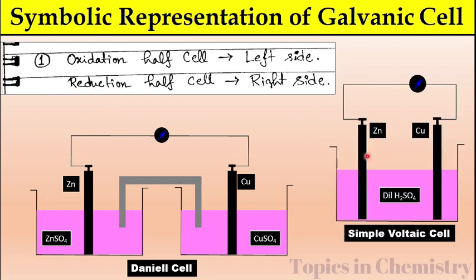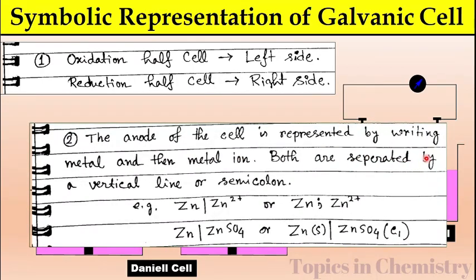This is also true for the simple voltaic cell: at the left side oxidation occurs, and at the right side reduction occurs. Next important point: the anode of the cell is represented by writing the metal and then the metal ion, or you can simply write the electrolyte present in the cell.